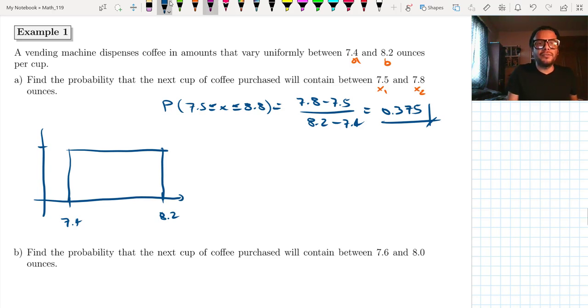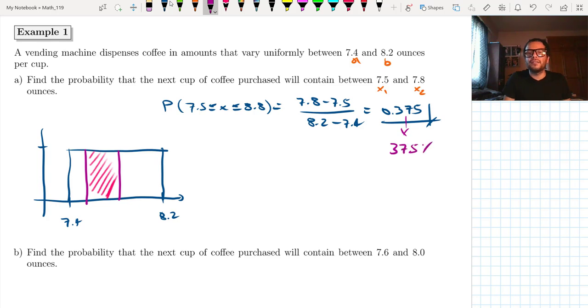So they're asking us to find the probability that the next cup of coffee is between 7.5 and 7.8 ounces, not milliliters. So they're asking us for that area under the curve, which is basically 37.5%. Of course, my picture is not perfect, but that's the bigger picture of what it is.